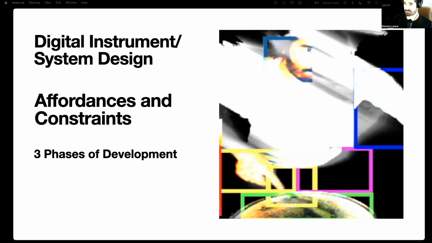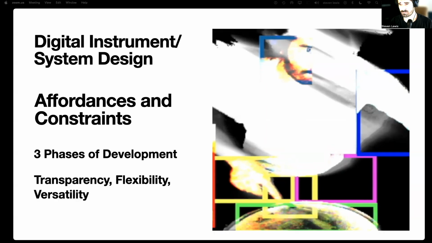I will be doing that over the 3 stages of the development of this project that has been ongoing for the last 3.5 years or so, and with specific respect to trying to design for transparency, flexibility, and versatility as it relates to the user experience.